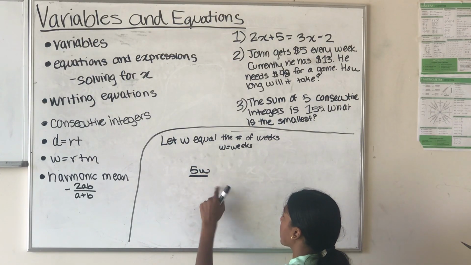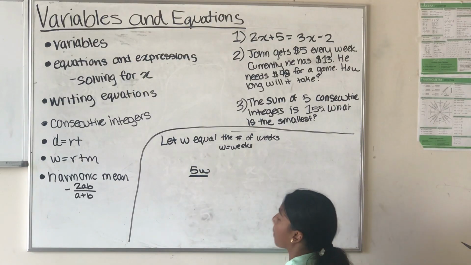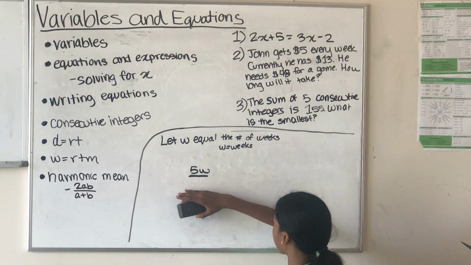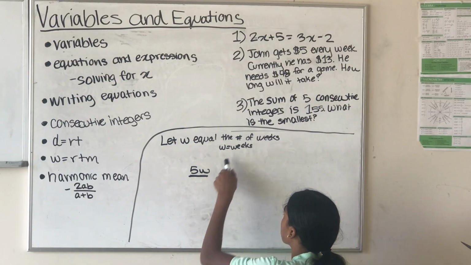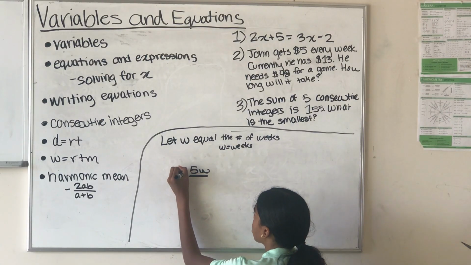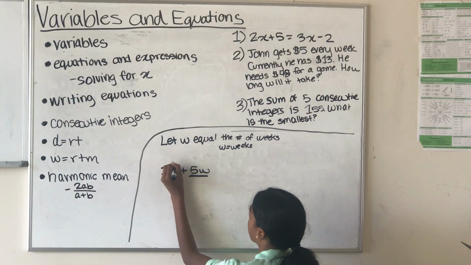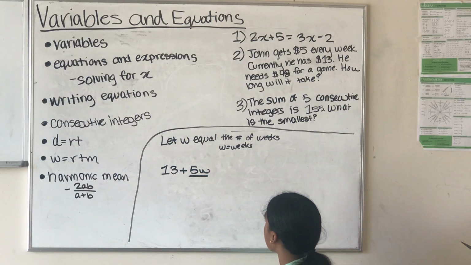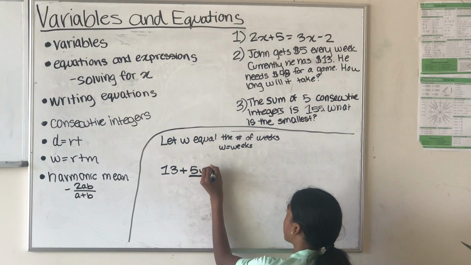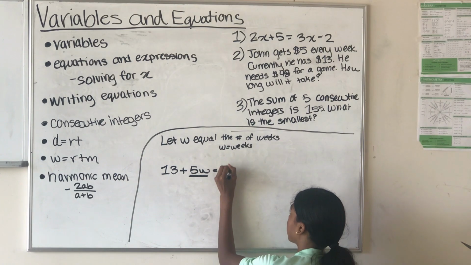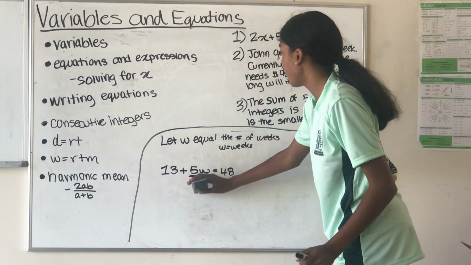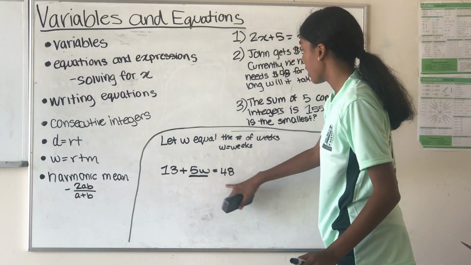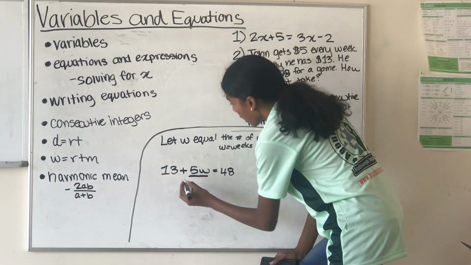And that amount of money is 5W. Once again, 5W is the amount of money he has after W weeks. And since he starts with 13, we're going to have the 13 here. And then we want 48. So we get this equation, 13 plus $5 every week equals $48.